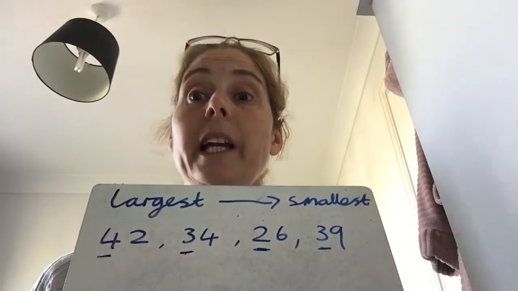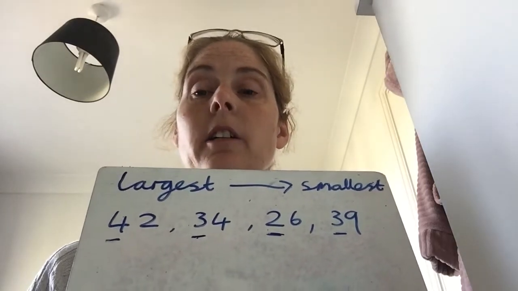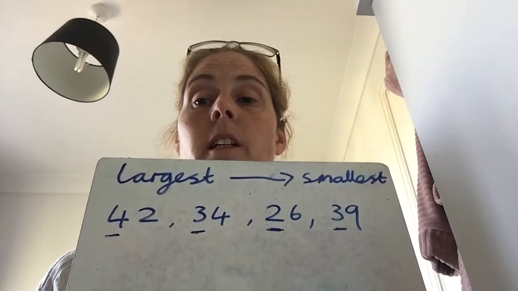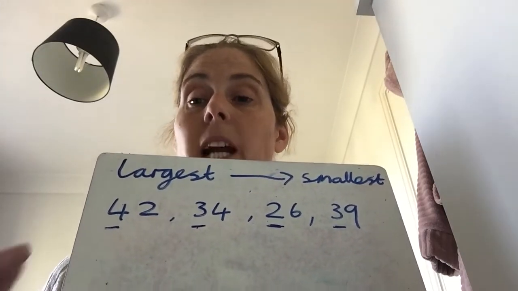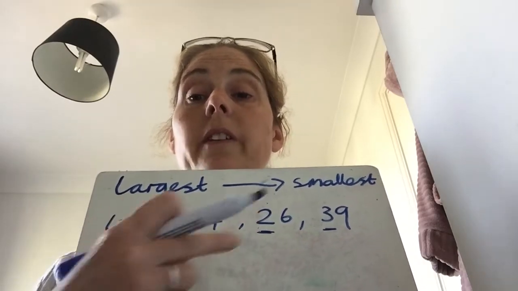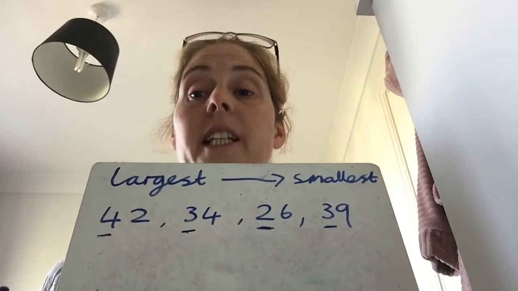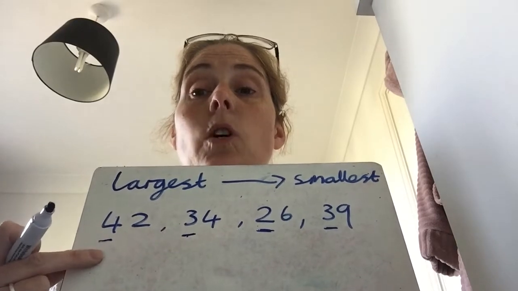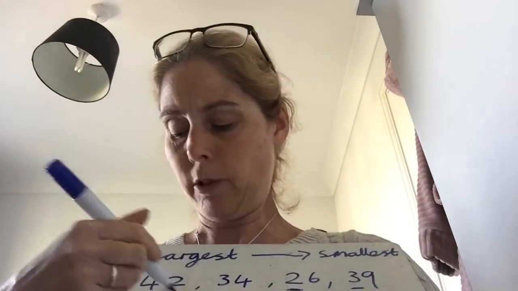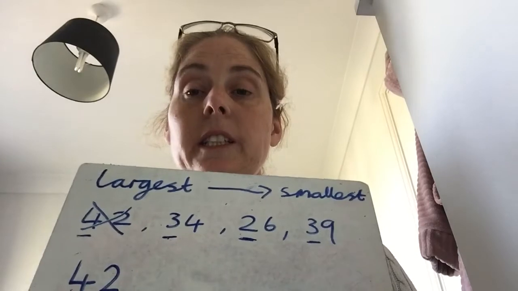So can we straight away decide which one is the largest? Yes, we can, because this is the only one that has 4 tens. All the others have less. They have less tens, okay? This one has 4, so it's got to be the largest. Okay, so we're going to start with that number. Okay, that is our largest number. So we can cross that one off because we've used it.